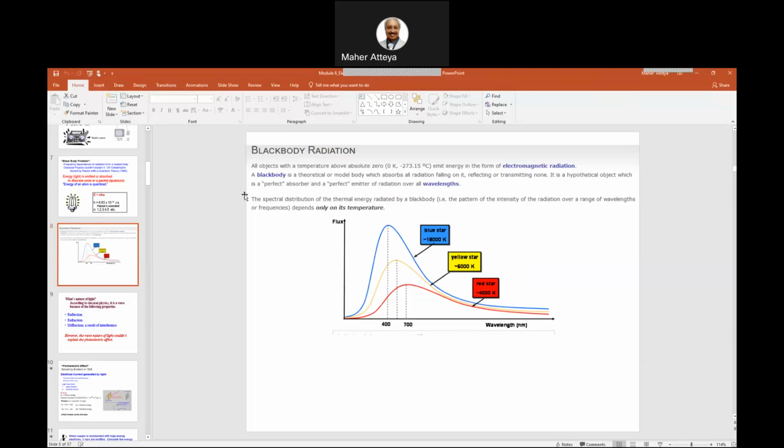So that's real. But the black body radiation, that's theoretical. There's nothing like it in real life. It means it absorbs everything in, all the light, and you know the light has 7 main colors, correct?